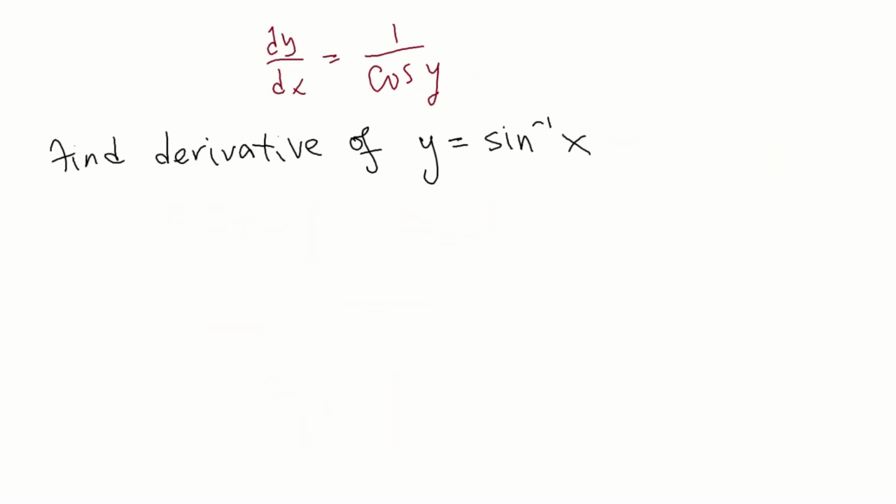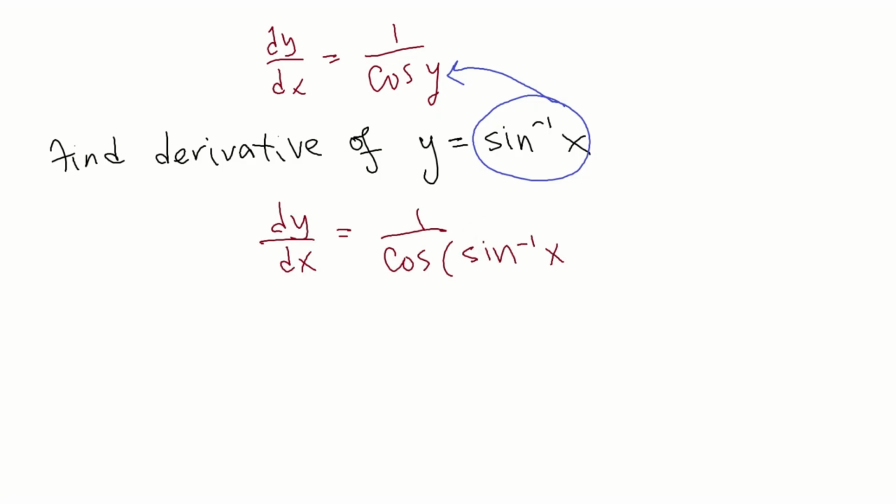Our original question was, what is d/dx of sine inverse of x? And so far we have the following answer, 1 over cosine y. And when we substitute sine inverse x into y, we get 1 over cosine of sine inverse x. Now this is a correct answer, but these simplify into much cleaner expressions, and that's a skill you'll have to develop just by doing some problems.